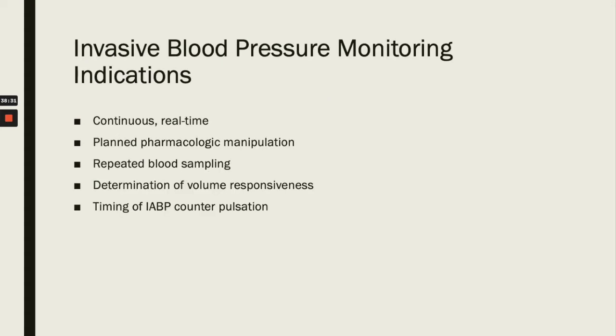So invasive blood pressure monitoring, or arterial lines, is continuous and shows real-time changes. We can see exactly what our blood pressure is doing, so that allows us to act immediately or titrate and really do effective change. They're indicated if we are going to do some planned pharmacologic manipulation, like in carotid surgeries.